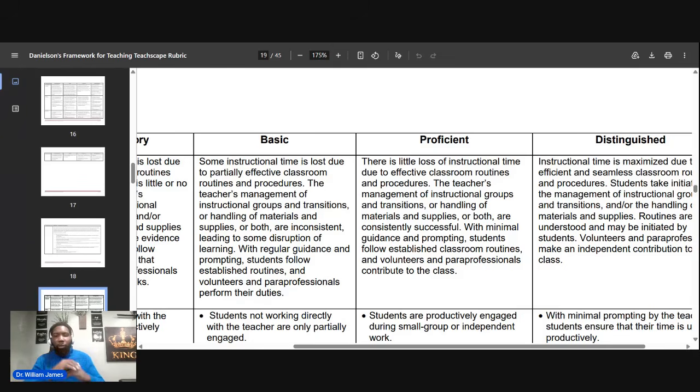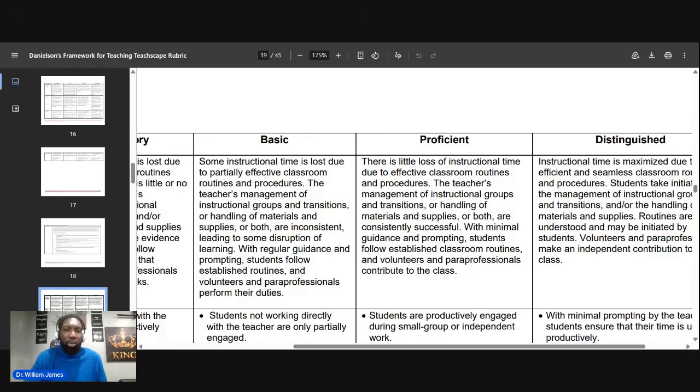So the major flaw right there, and the problem that I have with parts of the Danielson and many different rubrics, is that it doesn't account for every environment. It doesn't take into account the environment with what we see here. There's little loss of instructional time due to effective classroom routines and procedures.